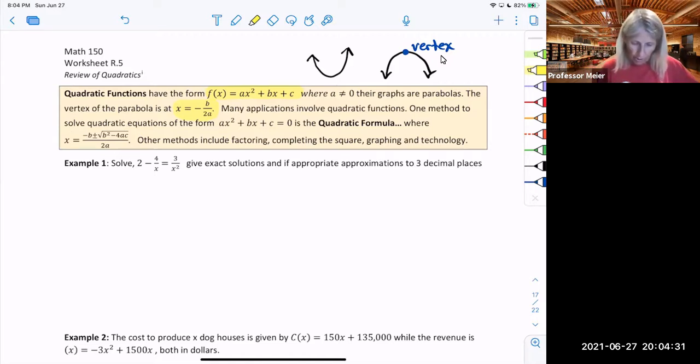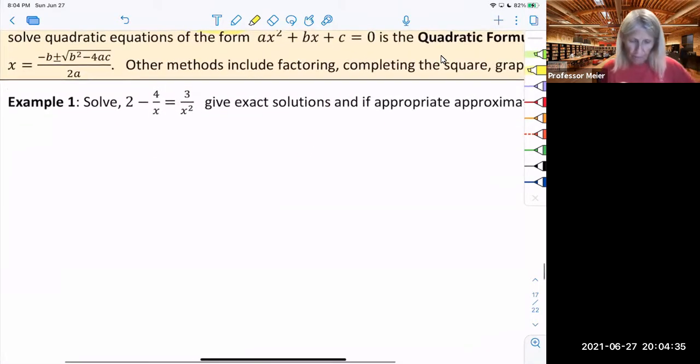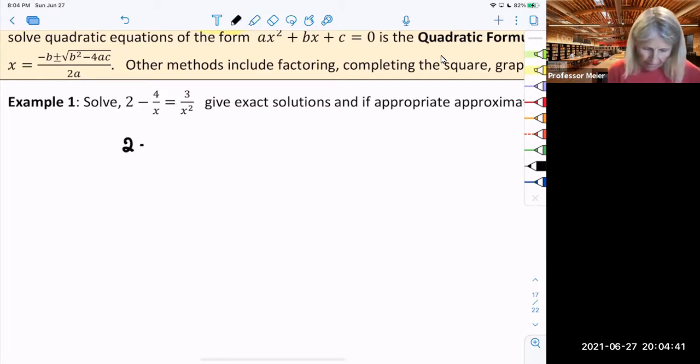So this first example, we're going to be solving a quadratic equation. You see this equation: 2 minus 4 over x equals 3 over x squared. We've talked about equations that have fractions in them before, and really the main goal is to start by getting rid of the fractions.